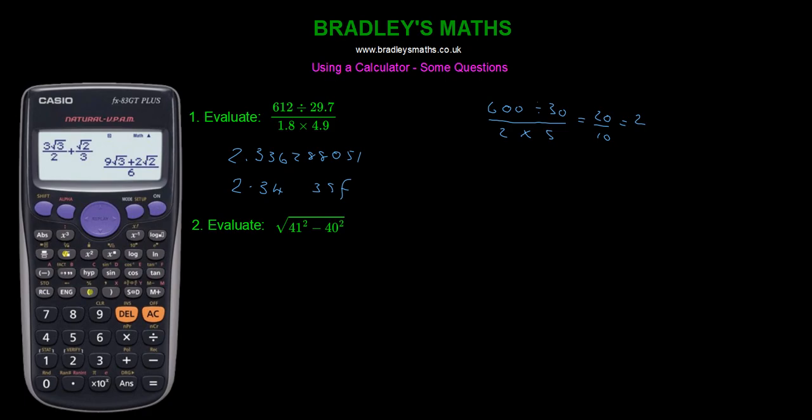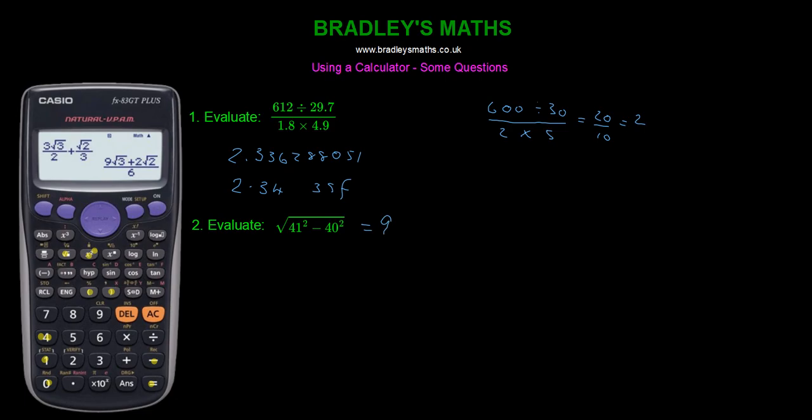So it is 41 squared minus 40 squared, close the brackets, equals, and you should have got a whole number answer of 9.